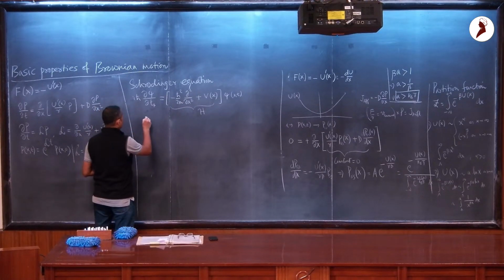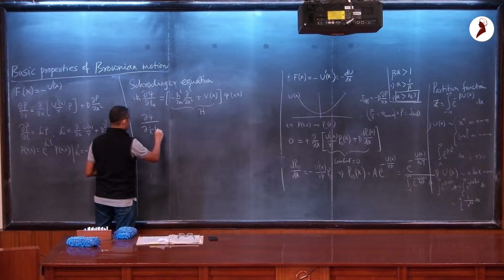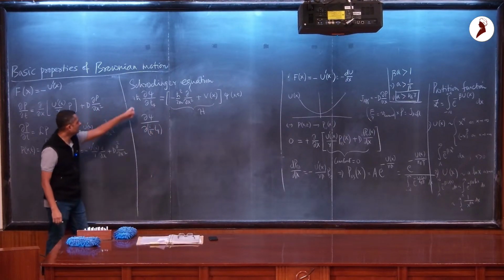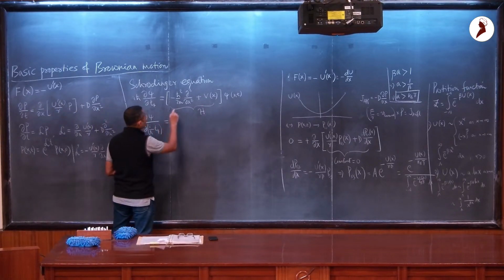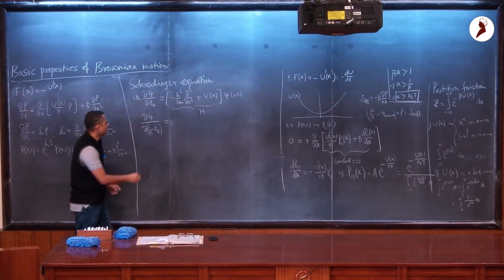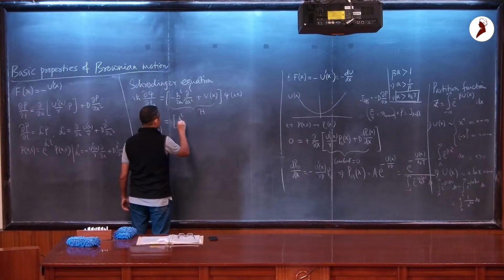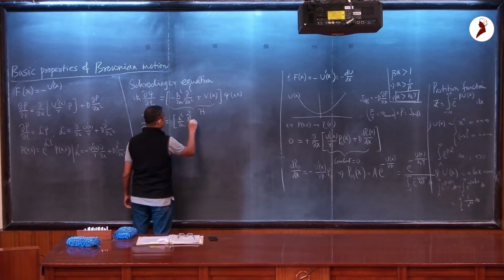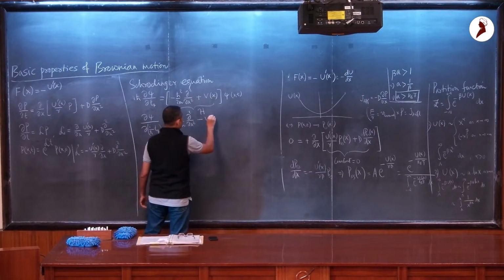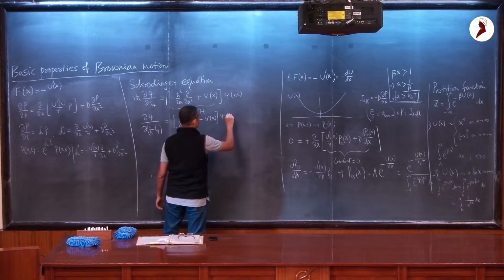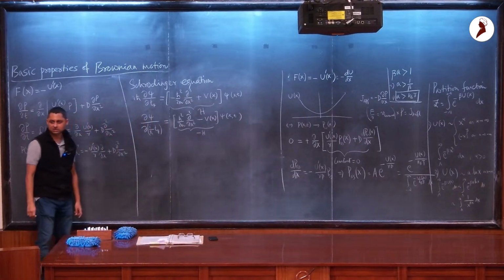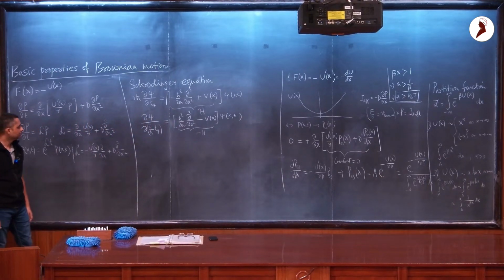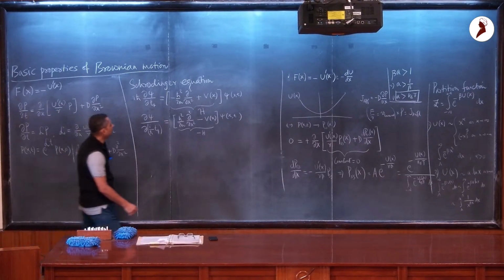So on this side I can write ∂ψ/∂(t_q) times i/ħ, and these are constants, it doesn't matter, is equal to, since I have taken out a minus sign, ħ²/2m ∂²/∂x² minus V(x) acting on ψ(x,t). Is this ψ a function of t_q? Yes, it's a function of t_q.